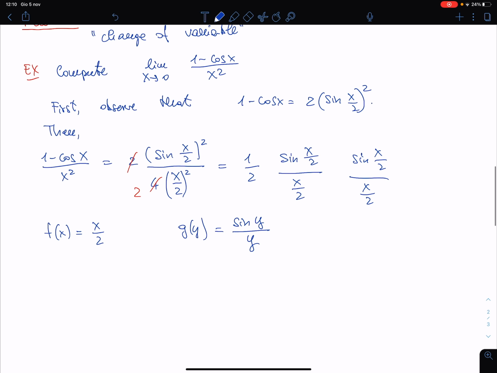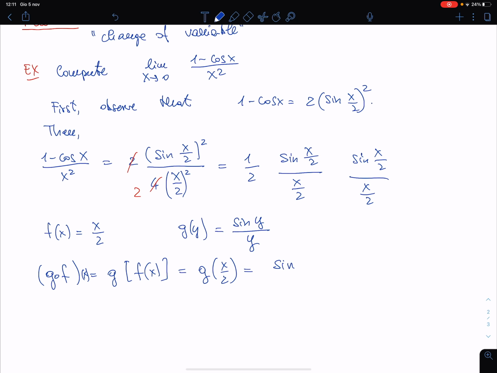Okay? So again, G composed f of x is equal to G of f of x, by definition G of x over 2. Therefore, instead of y, here we have sine of x over 2 divided by x over 2.